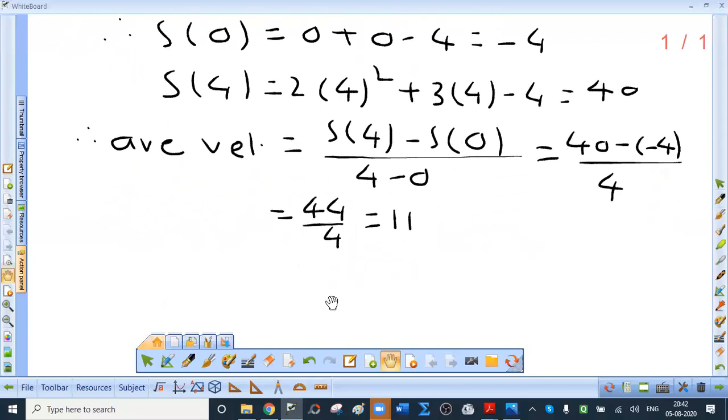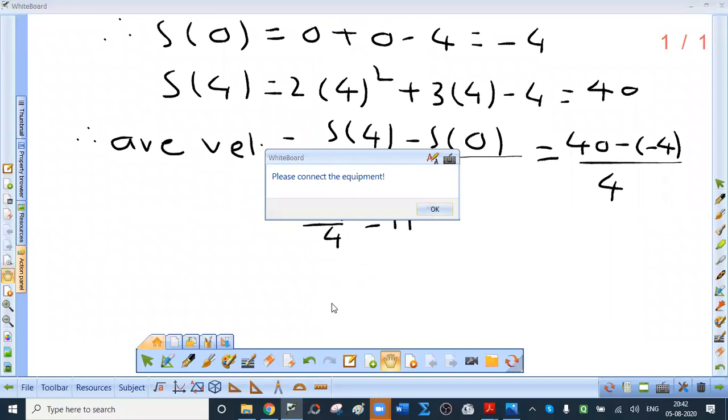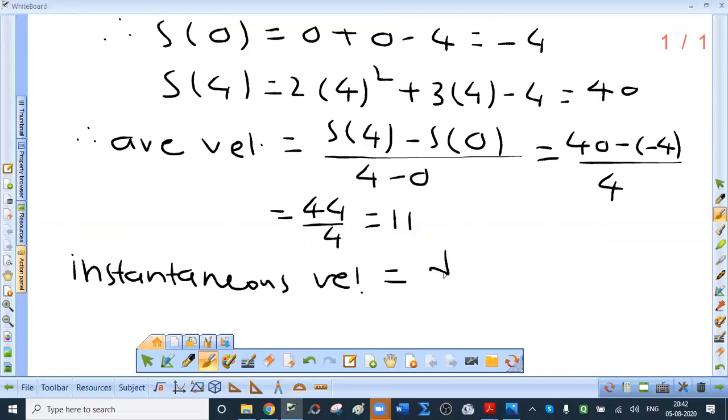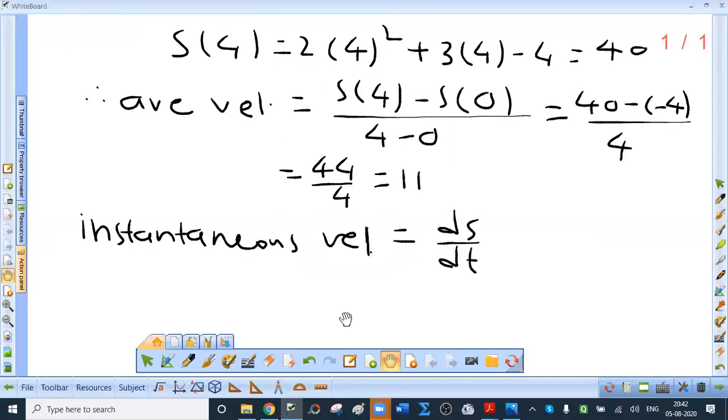Okay. Now, after this, what is instantaneous velocity? It is ds dt. Find out ds dt. That is d by dt of s. What is that function? 2t square plus 3t minus 4.